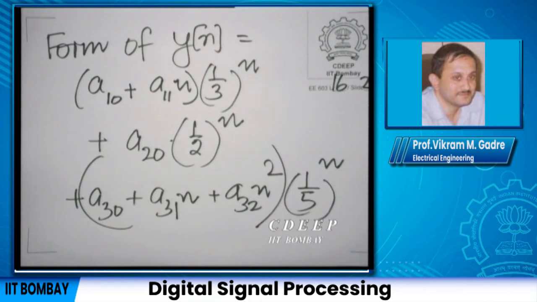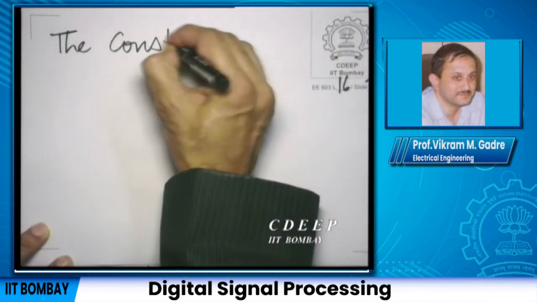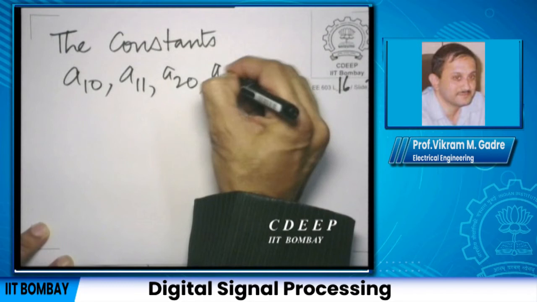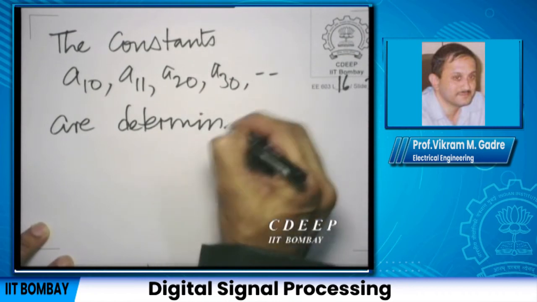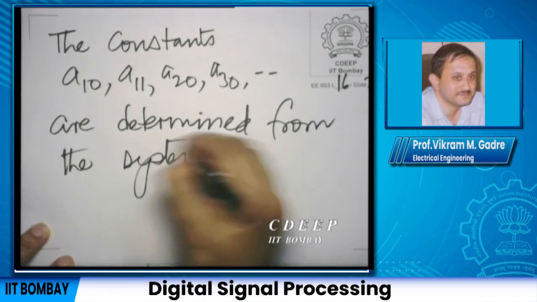How do we determine the constants? We determine the constants by imposing the constraints that are given to us. Right. So, the constants are determined from the system constraints.